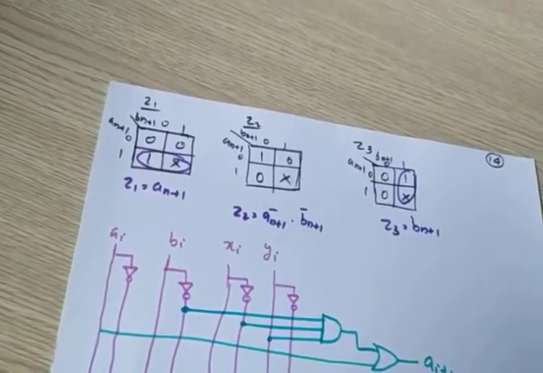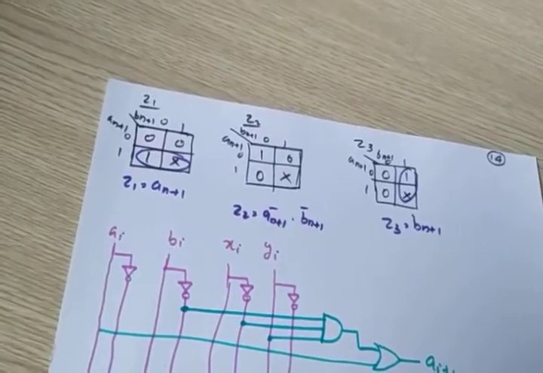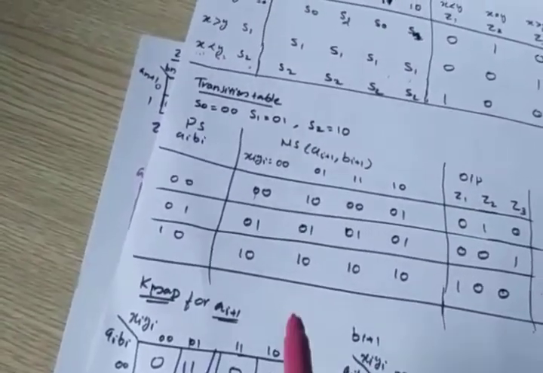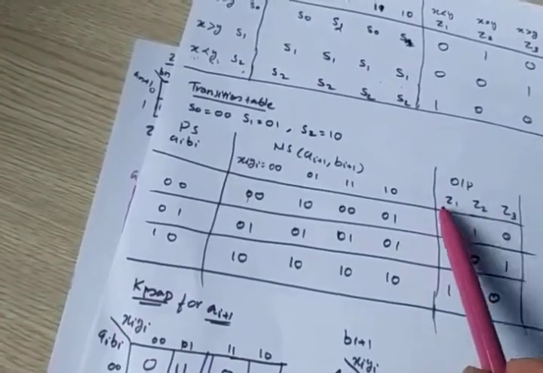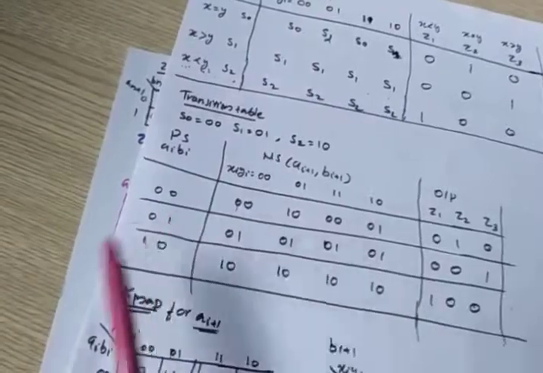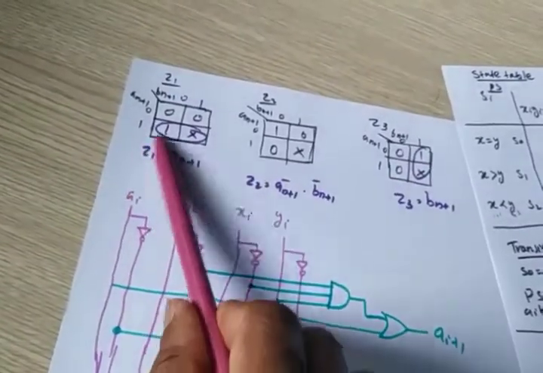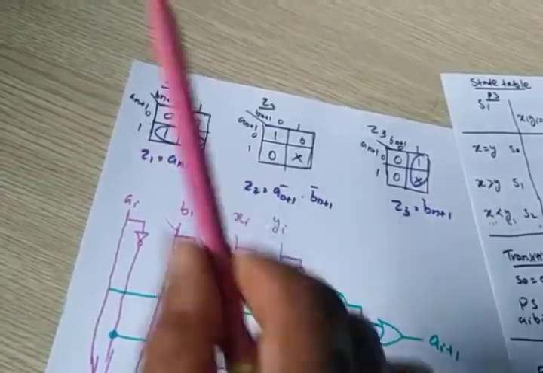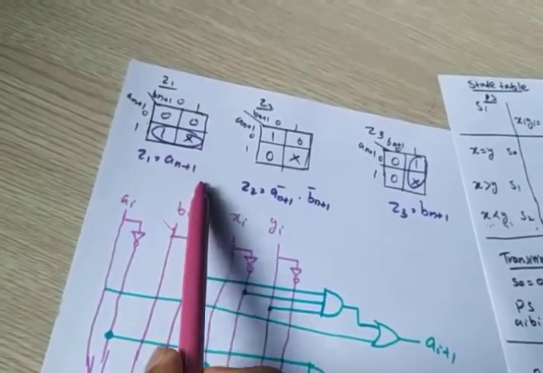Why 1 0? Look at the table. For 1 0 we have z1 is 1. For all others z1 is 0 only. So for the 1 0 combination z1 is 1, all others 0. 1 1 is not there, so don't care. So reduce this, you will get an plus 1.